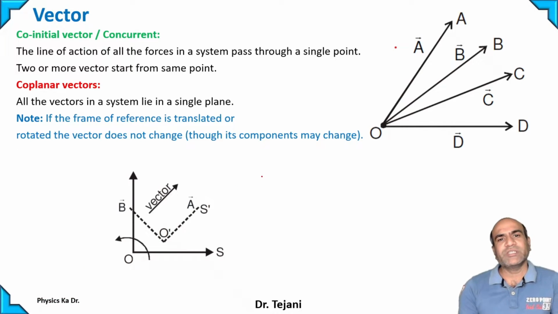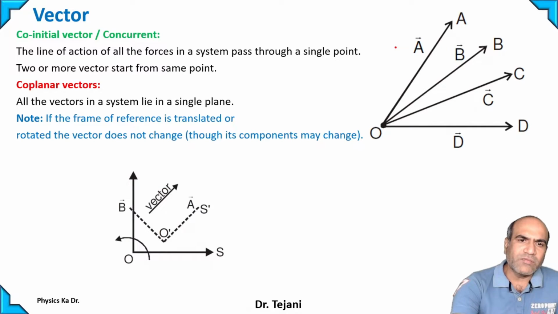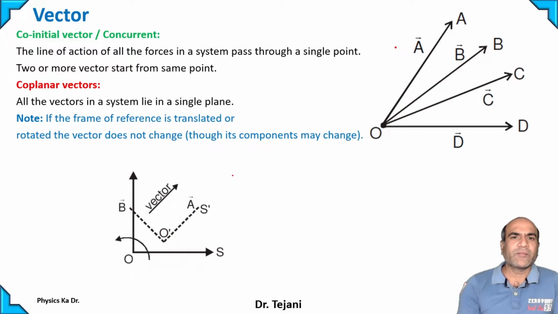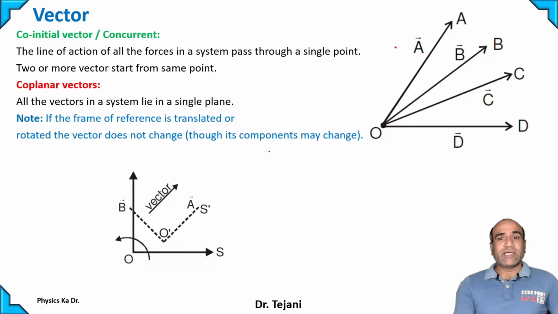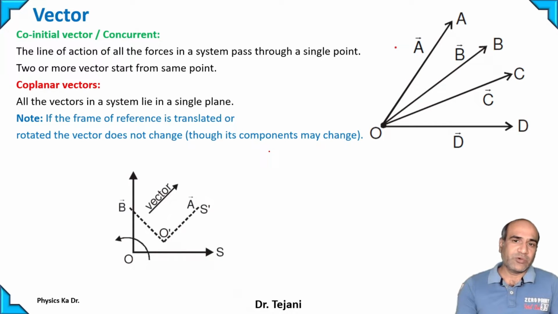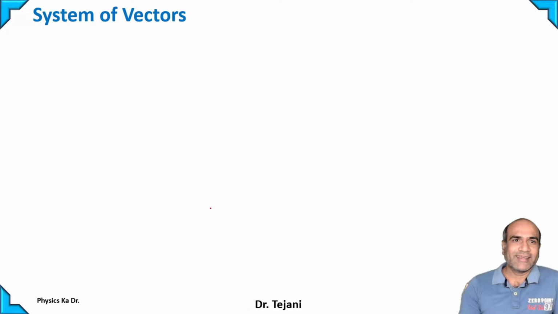There is no change in terms of vector properties if all the vectors are changed together, right? But all the vectors have to be changed, otherwise there will be a change in terms of magnitude. So we will understand all this in detail by taking examples. It is the best method.